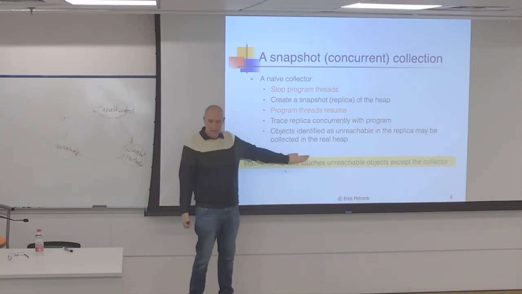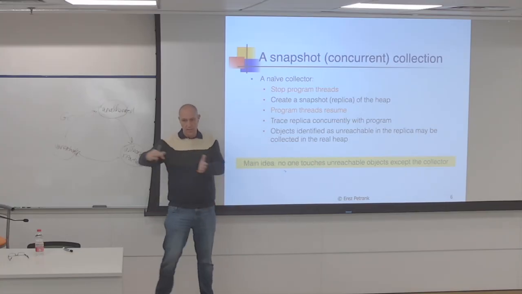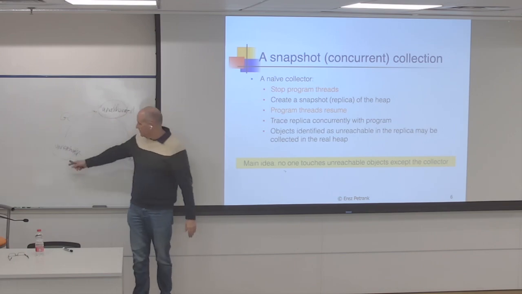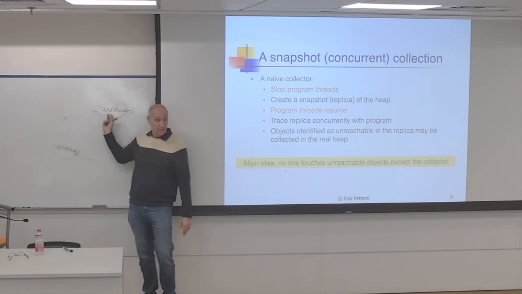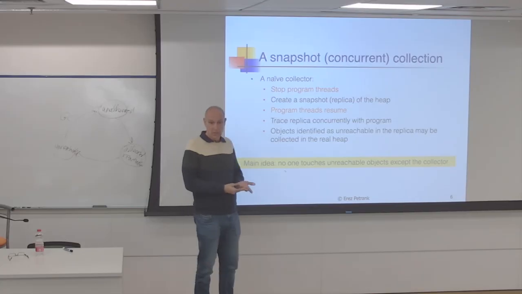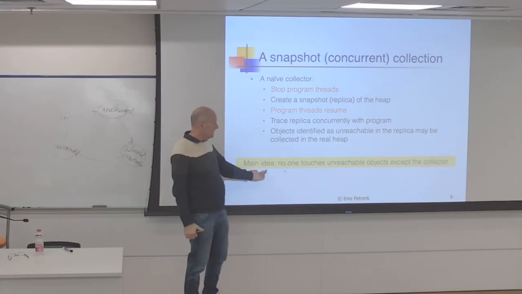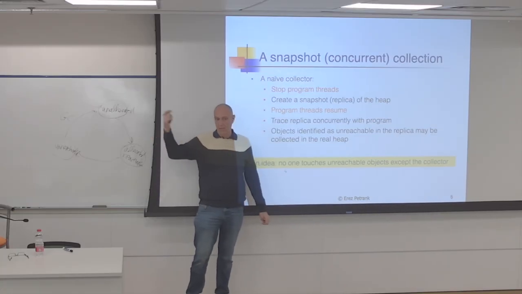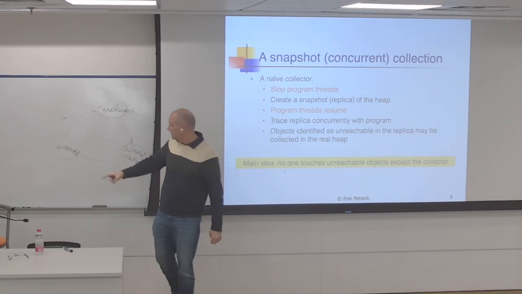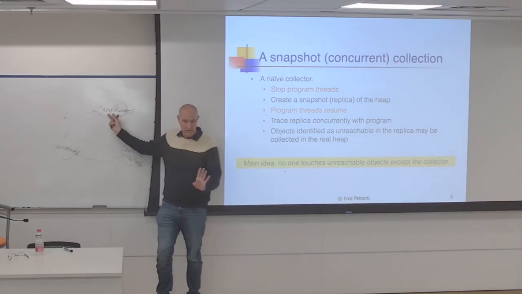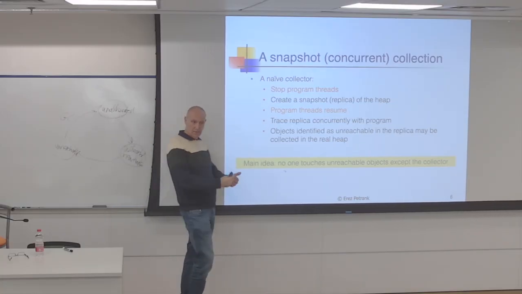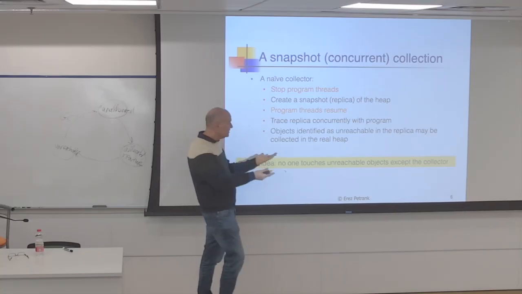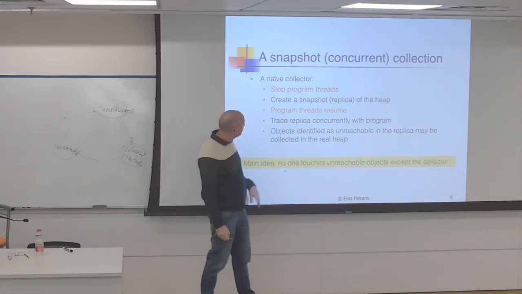Whatever I find unreachable, I can go on later and say, now let's reclaim these objects. Let's make them unallocated and let the program use them for allocation. So this is the main idea: garbage, unreachable, dead objects are not touched by anyone. Even if they have been unreachable for 20 years, if I didn't make them unallocated, no one touches them. So I can look at the past, see unreachable objects, and reclaim them. This is the idea here.